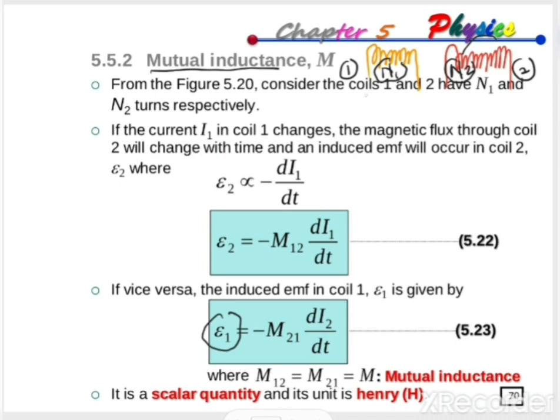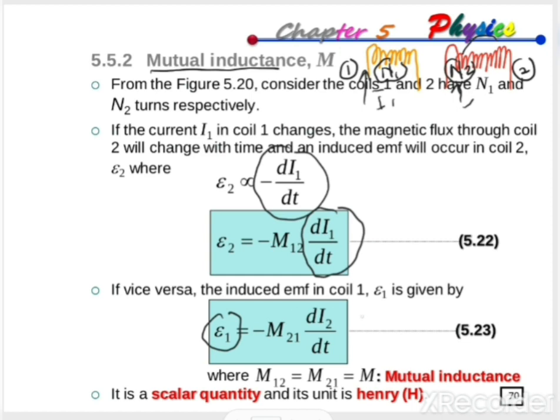If the current I1 in coil 1 changes, the magnetic flux through coil 2 will change with time and an induced EMF will occur in coil 2, where EMF2 is directly proportional to the negative rate of change of current in coil 1. Therefore, the equation is EMF2 equals negative M12 times the rate of change of current in coil 1.